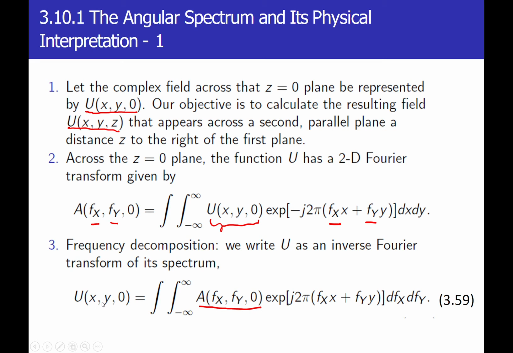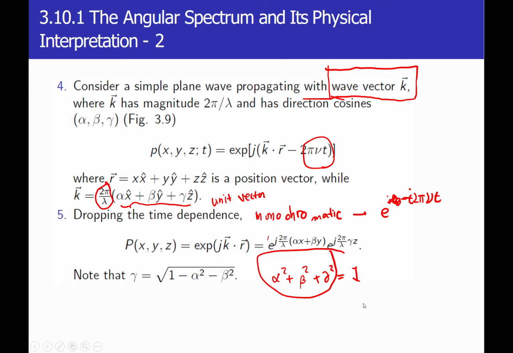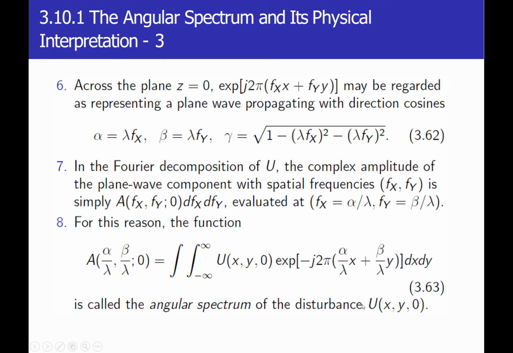And then what we can say is that this field component at z equal to 0 just looks like a plane wave, right? A plane wave with this amplitude, and its direction cosine is given by fx and fy, which corresponds to the cosine of the angles alpha and beta. That's the starting point.